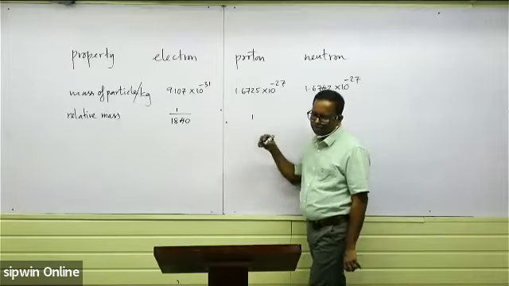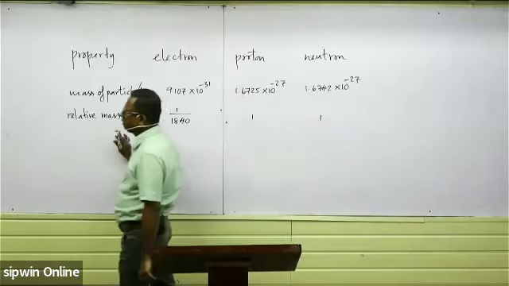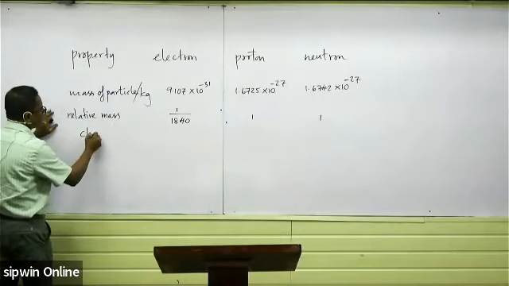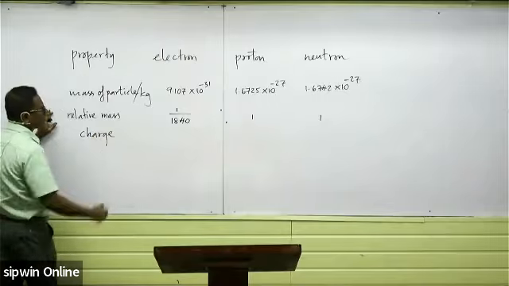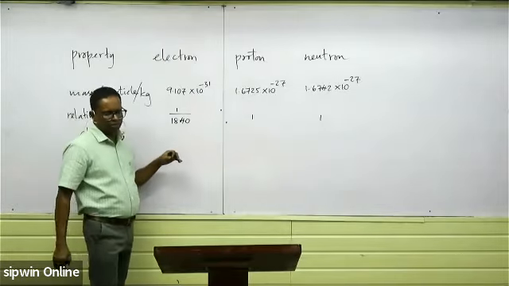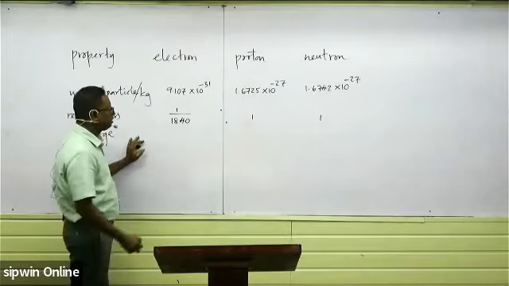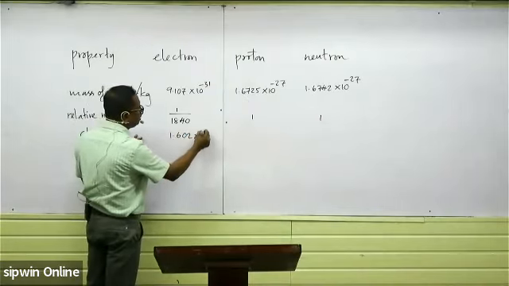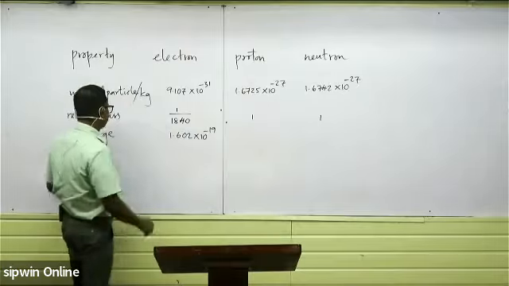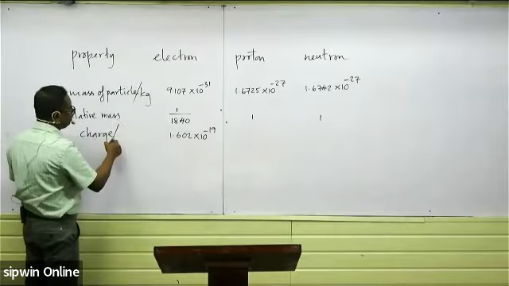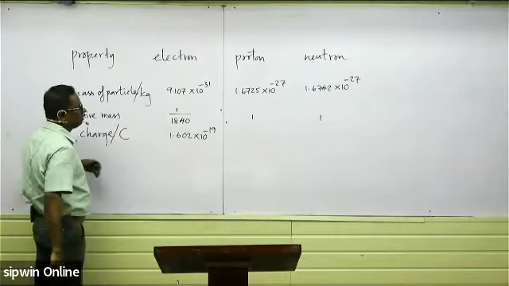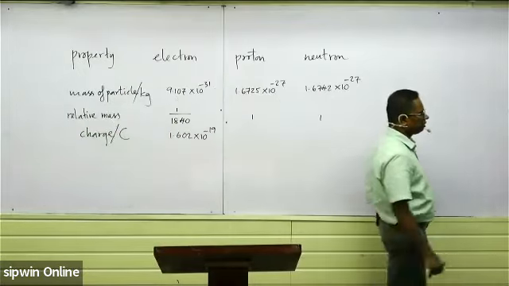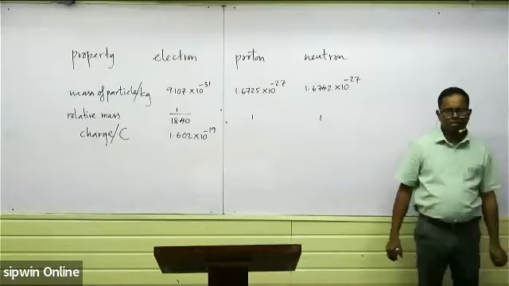Next, take the charge. Electron: 1.602 × 10 to the power minus 19. Charge is in coulombs, so write a capital C here.